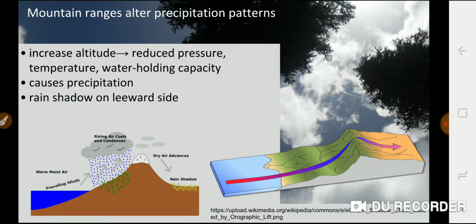So if you imagine that these mountain ranges that we're seeing here are the Rocky Mountains. So the Continental Divide is right where that snow-capped peak is on the left, or the highest point in the diagram on the right.